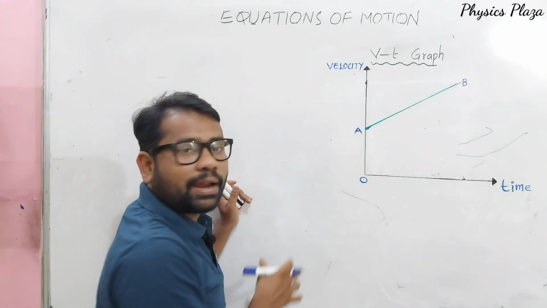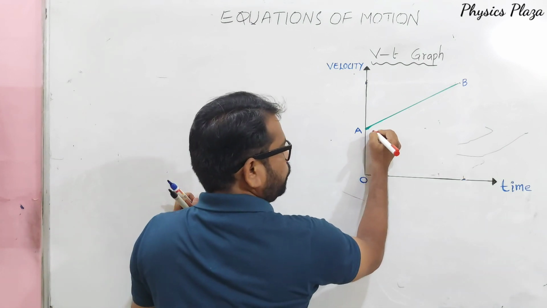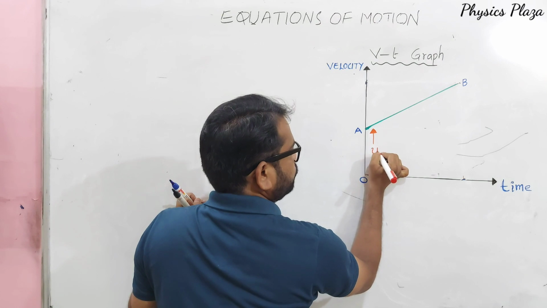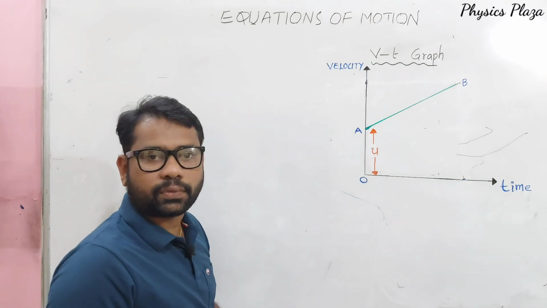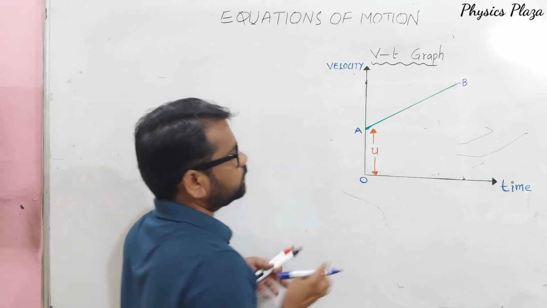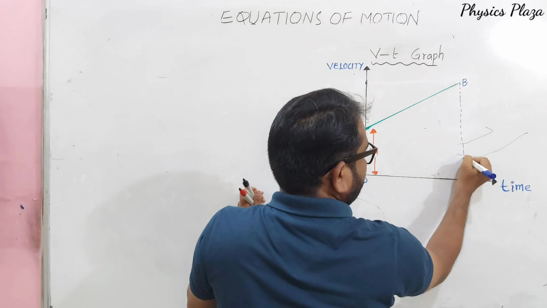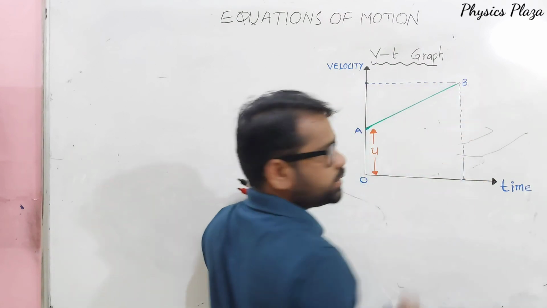Children, in this graph, this OA represents the initial velocity. So, OA will give you the initial velocity u. It's very important. From here, let us make one line to the x-axis and one to the y-axis.